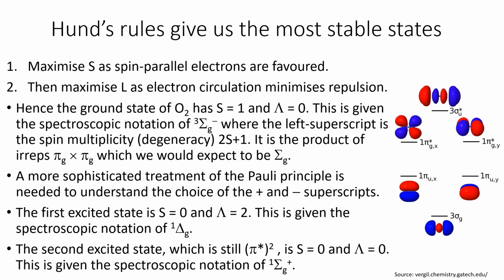And it so happens that this one is singlet sigma g with a plus. Again, this is the Pauli stuff which gives us this result. So there we go. Ultimately, that basic configuration of pi star 2 electrons turns into 3 of these coupled states. Ground state being triplet sigma g minus, first excited state singlet delta g, second excited state singlet sigma g plus.